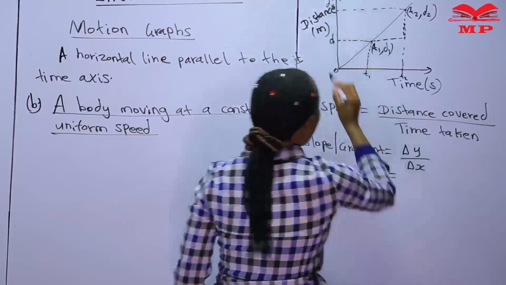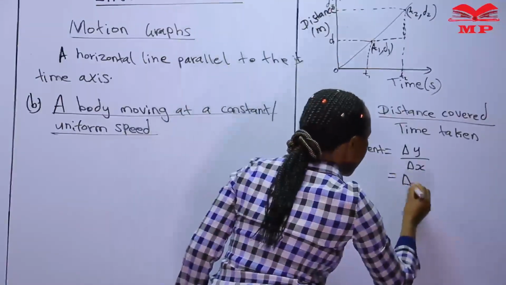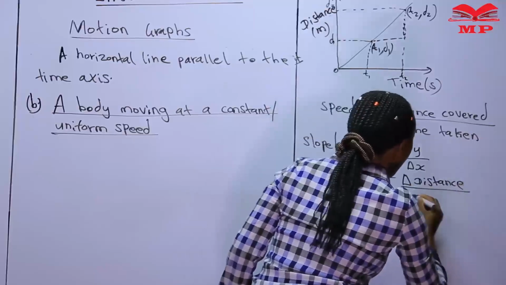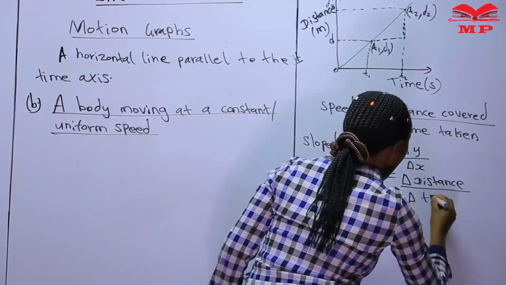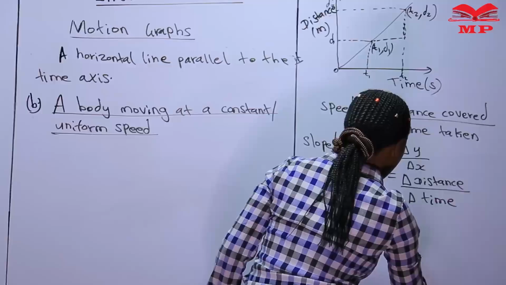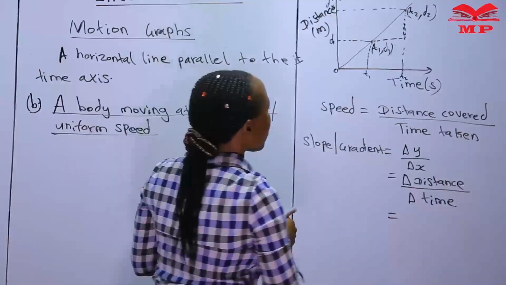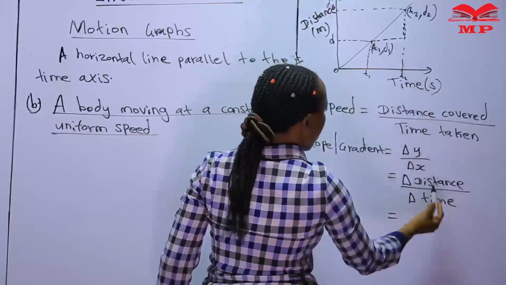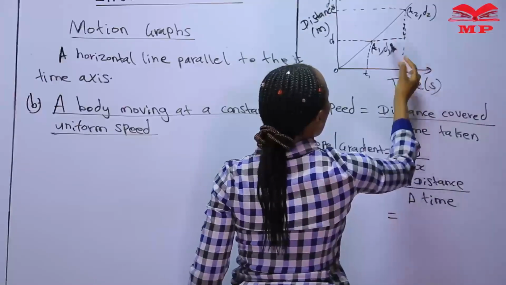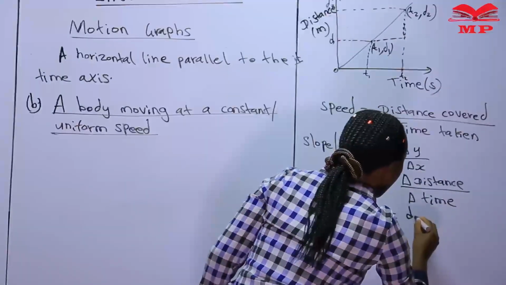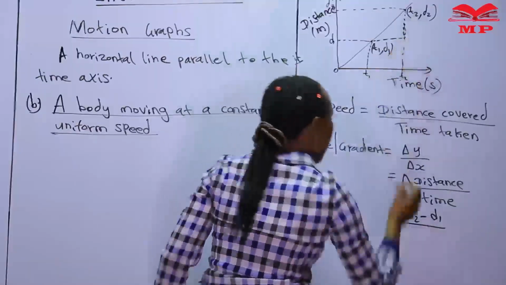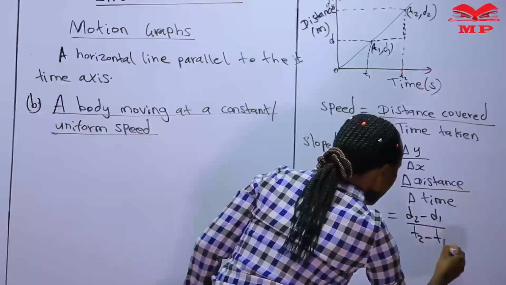In our case, our y is change in distance divided by change in time, in the time axis. So we have the coordinates, so we have change in distance, D2 minus D1, all over change in time, whereby we have T2 minus T1.